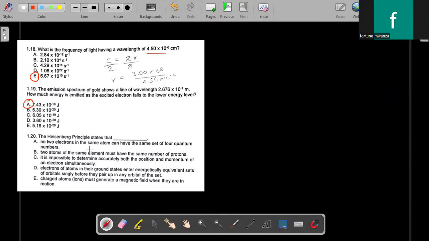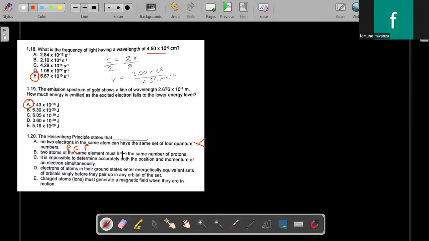The Pauli exclusion principle states that you can't have electrons in the same atom having the same 4 quantum numbers. So it's not the Heisenberg uncertainty principle. This is the Pauli exclusion principle, so we cancel this out.